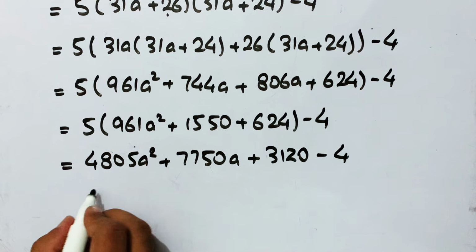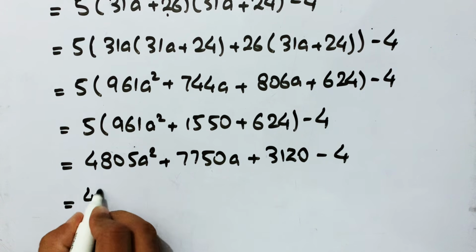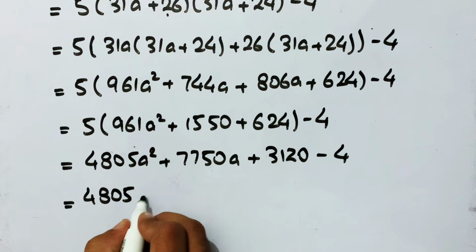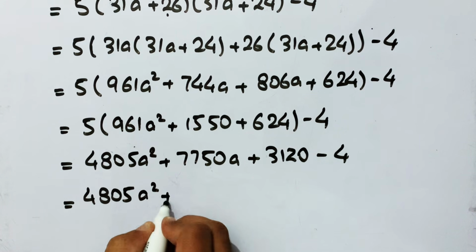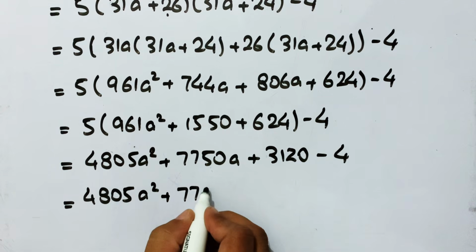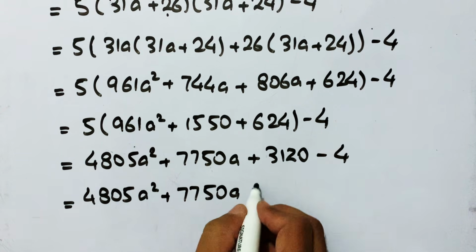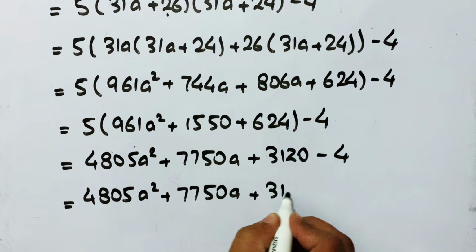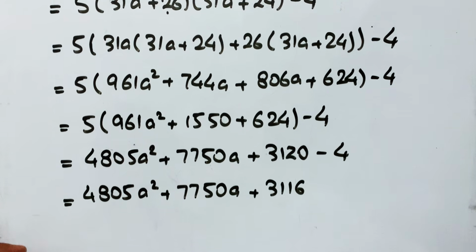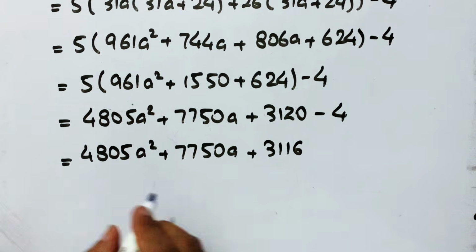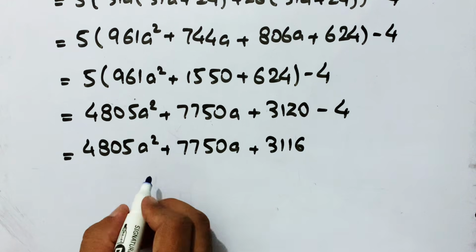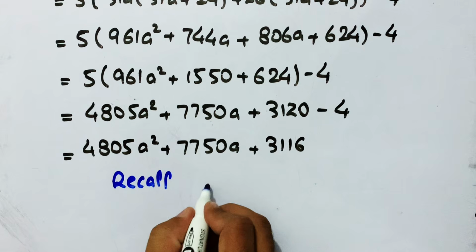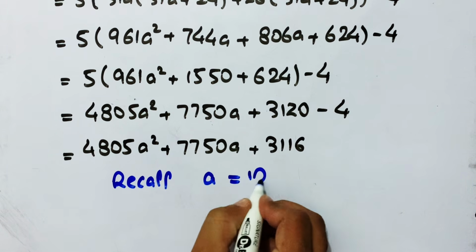Further solving, 4805a squared plus 7750a plus 3116. Now recall that a equals 100.